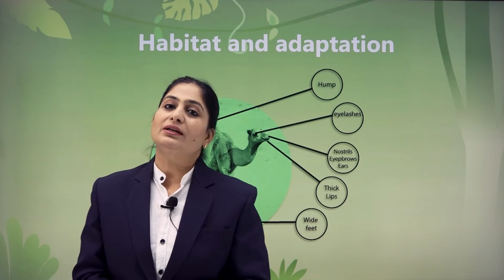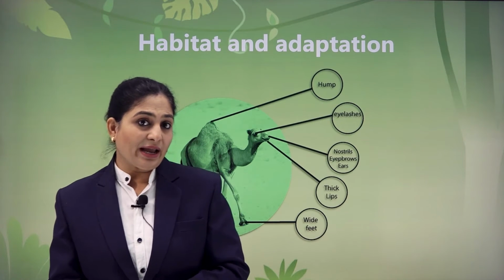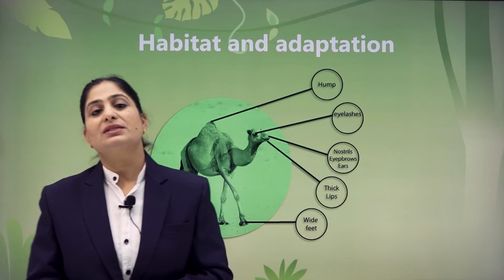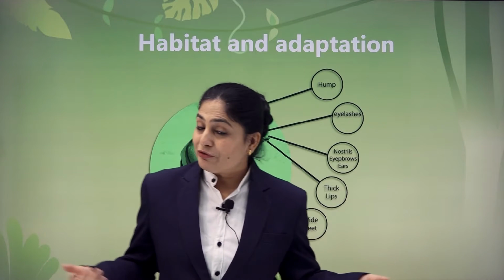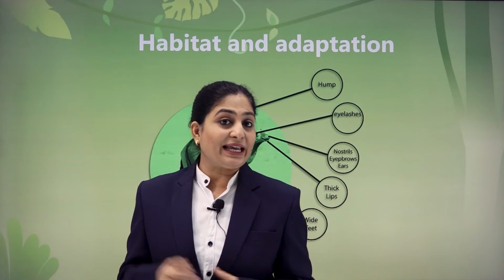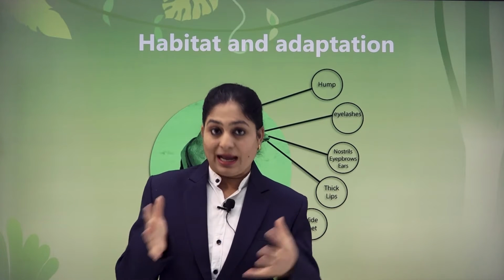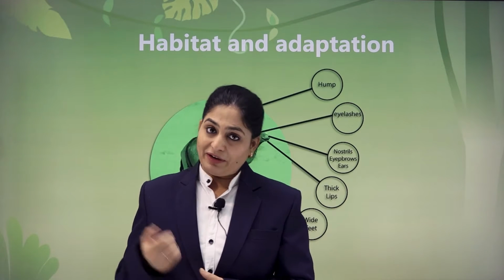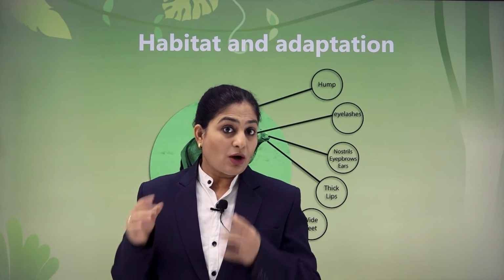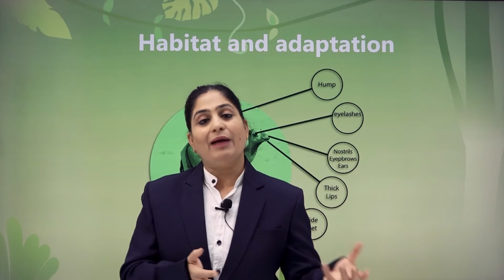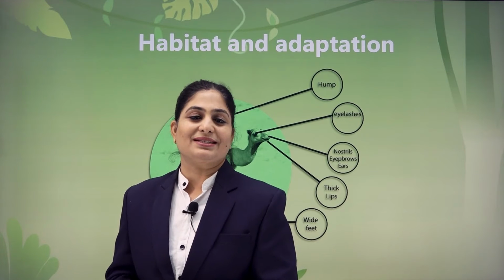Let's move further. If I ask you, is desert a habitat? Yes, desert is a habitat for desert animals. Even it is a habitat for desert plants. So if I say cactus, yes, desert is the habitat for cactus. If I talk about camel or some rodents or snake, desert is the habitat for such desert animals.